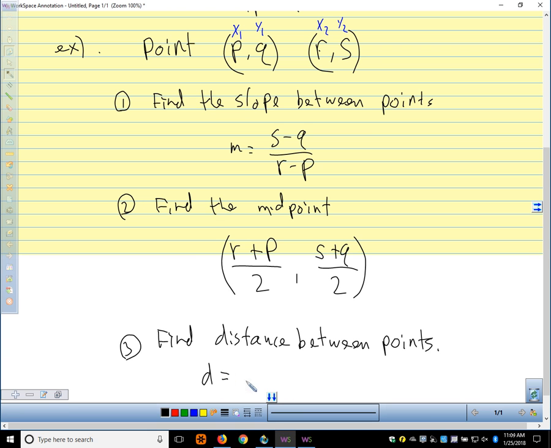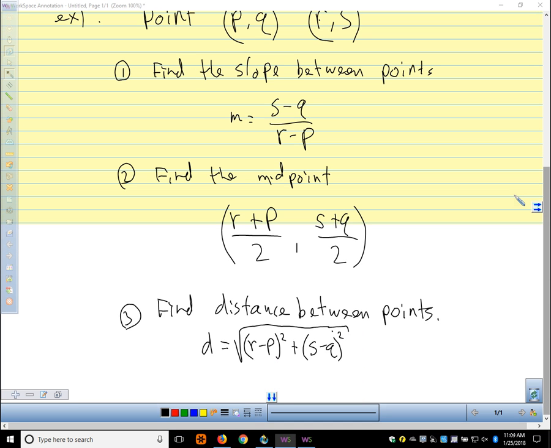Well, just plug those into the distance formula: square root of x2 minus x1, r minus p squared, plus y2 minus y1, s minus q squared. And that's how we would write the distance between those 2 points. If we wanted to see if it was the same as some other distance, the other distance that we came up with would have to be exactly the same as this for them to be the same length.